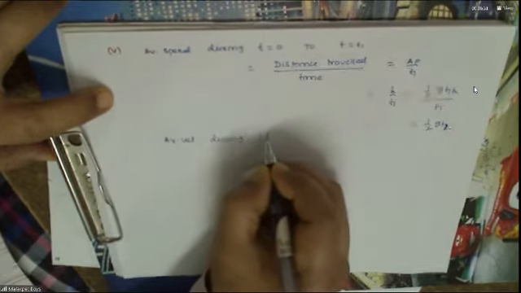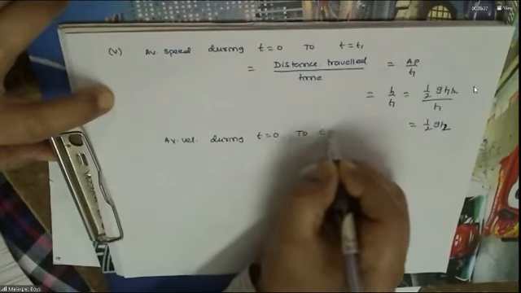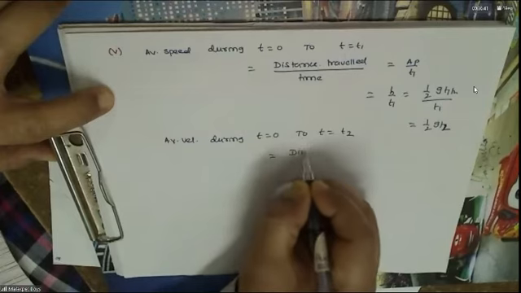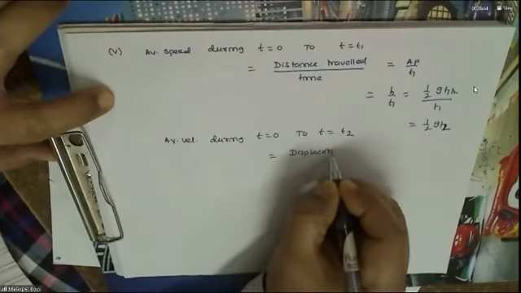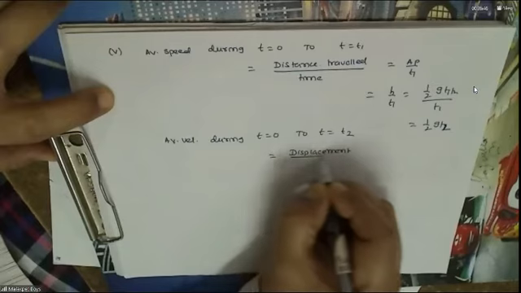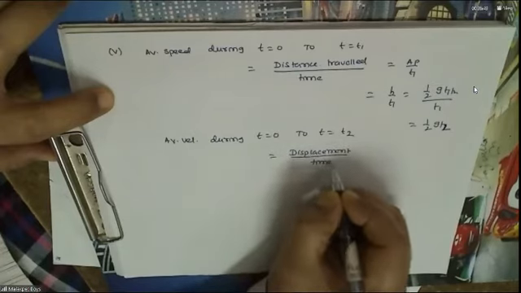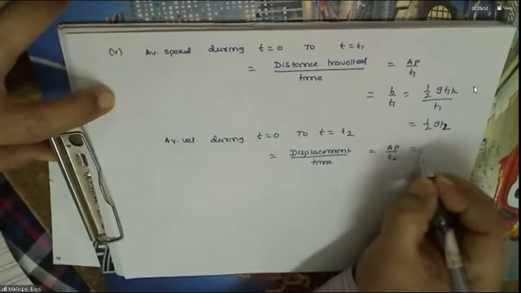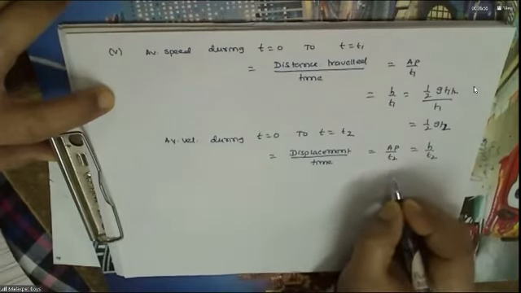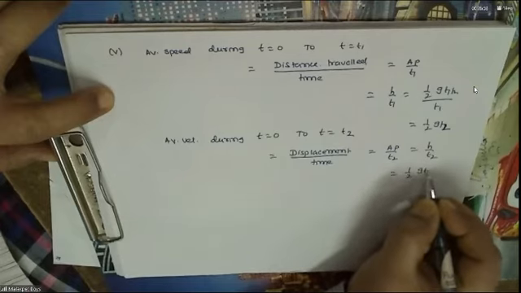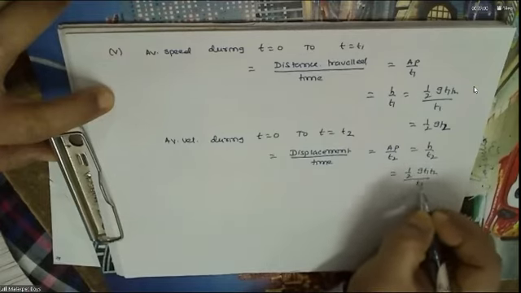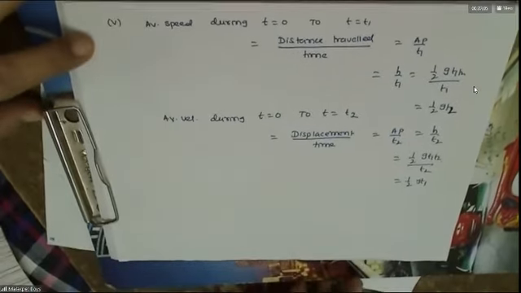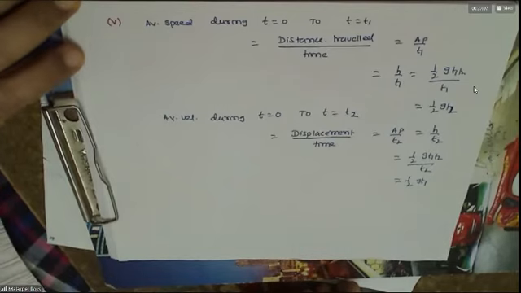What is the difference between these two? You have to take displacement by time. Displacement is AP by time. AP is H by T2, half g T1 T2 by T2. How much are you getting? Half g T1. Do you agree with this?